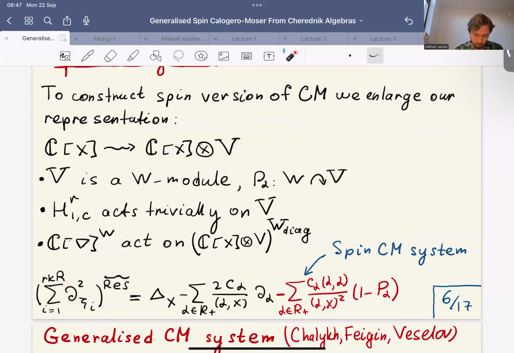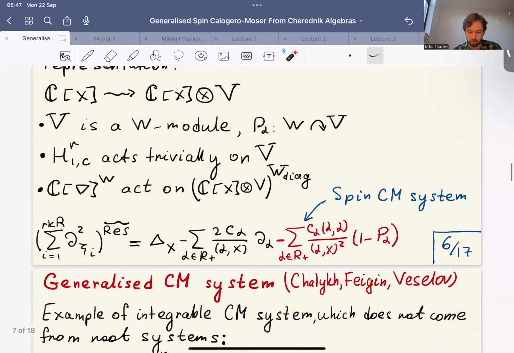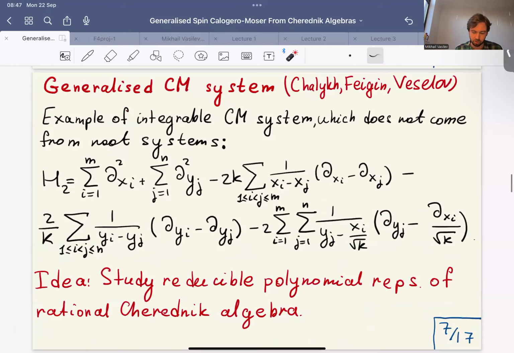If we restrict to the space of diagonal invariants, then we obtain, apart from the scalar part in the Calogero-Moser system, also a spin part, where P alpha are operators acting on this vector part W module. So this is the way to construct spin versions of Calogero-Moser systems, so how to construct generalized Calogero-Moser systems.